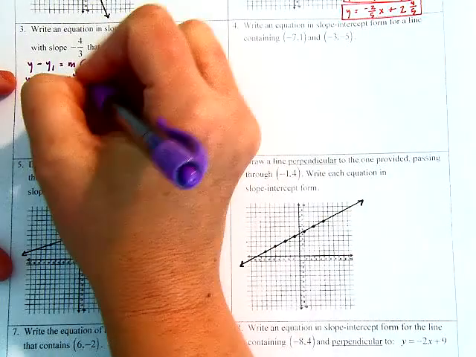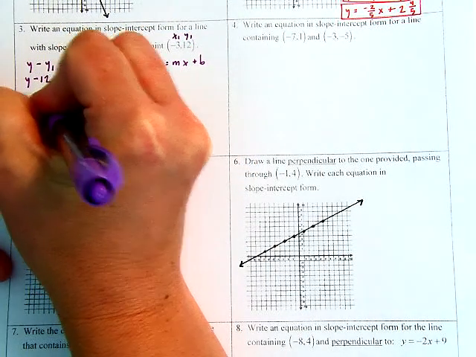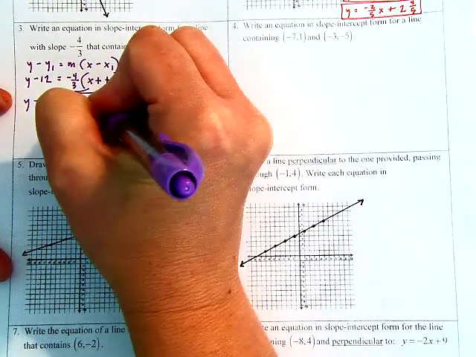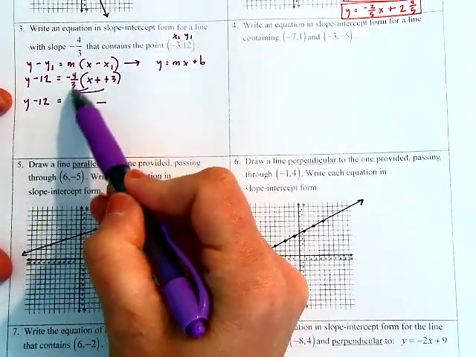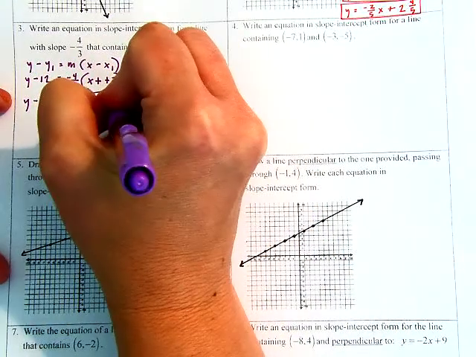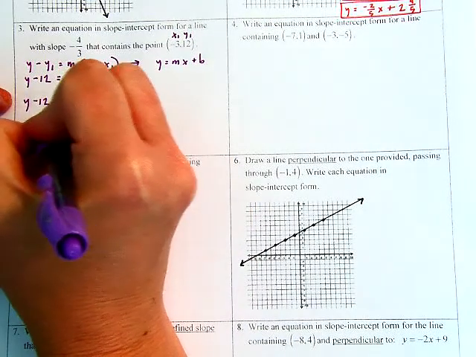Now I need to distribute the negative 4/3. So y minus 12 is equal to negative 4/3 x minus, negative 4/3 times 3, this is negative 4. Then I have to add the 12 over to the other side.